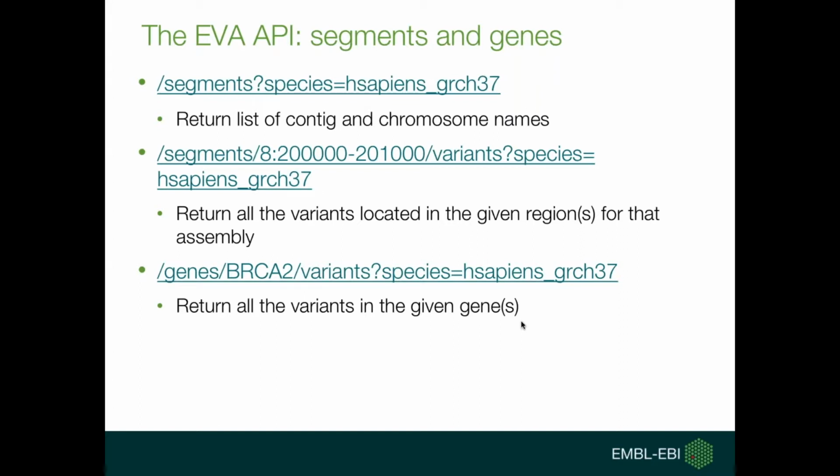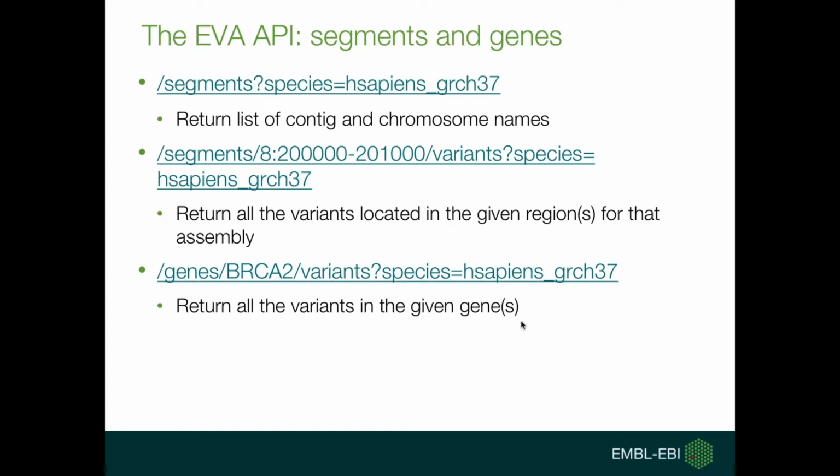And we have another endpoint, the variants one, where the query must provide a variant or a region or list of regions in that format, chromosome and start and stop positions, and all the variants that are contained in that region will be returned at this endpoint.